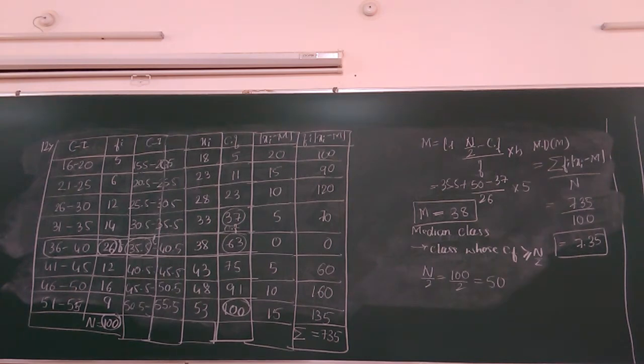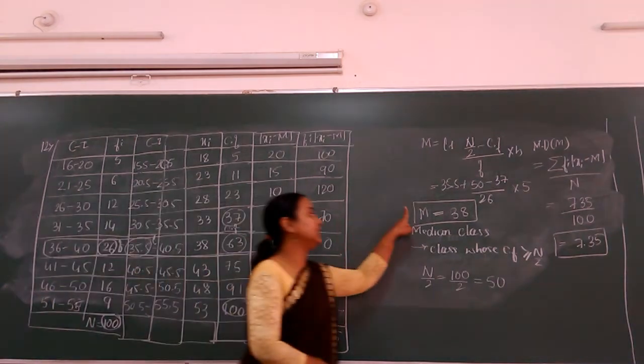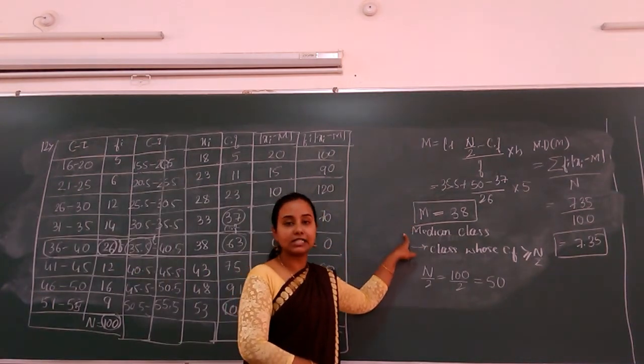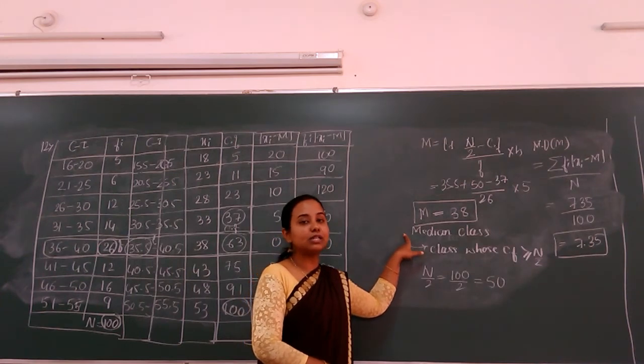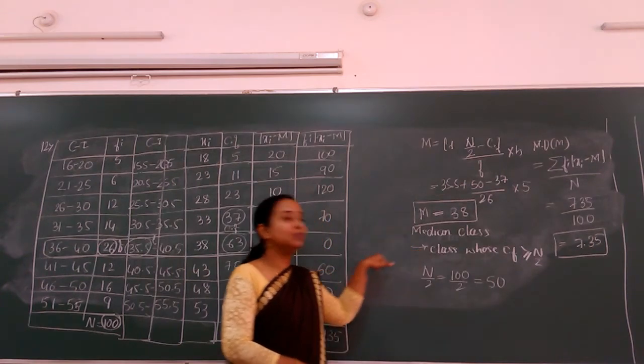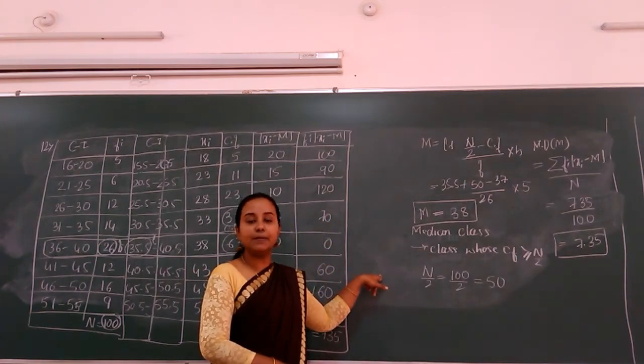Here we have to calculate the mean deviation about median. To calculate that, first you should know the median. Knowing the median we can easily calculate the mean deviation about median. But to calculate the median you should know the median class. So first let us understand what the median class is, and then we will move further.